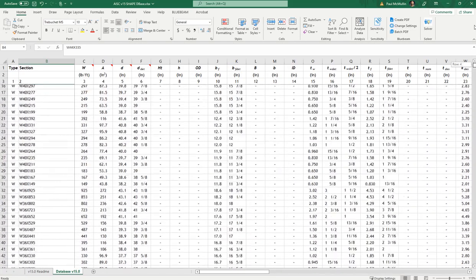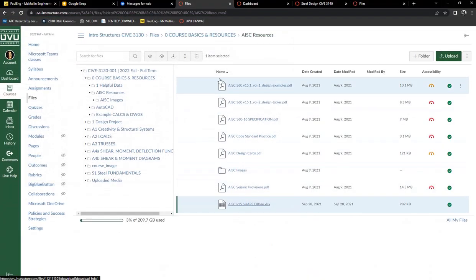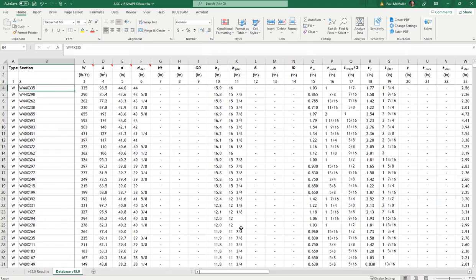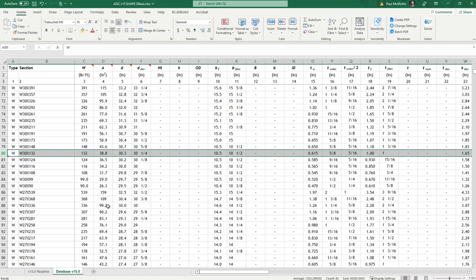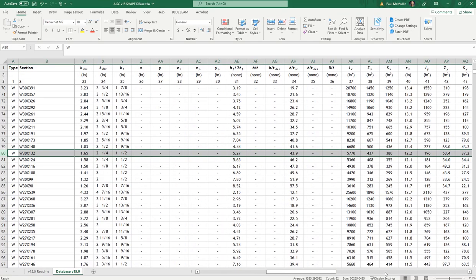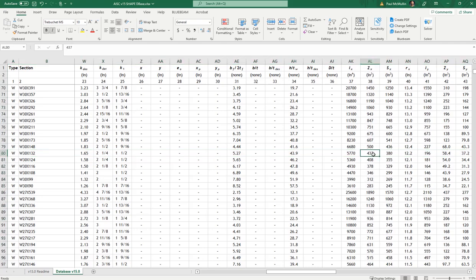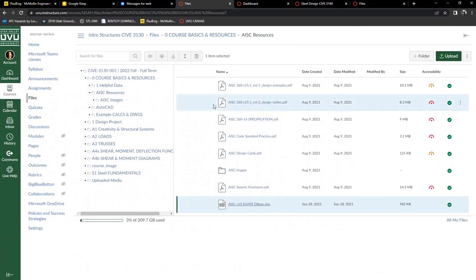That's given to you here under Files, this path here, and it's this file right here, AISC version 15. So I can come in here and say, okay, I'm looking at using a W30 by 132. I want to know the bending strength parameter, 437 inches cubed. So I can use this for design. If I don't have access to the manual, I can use that.